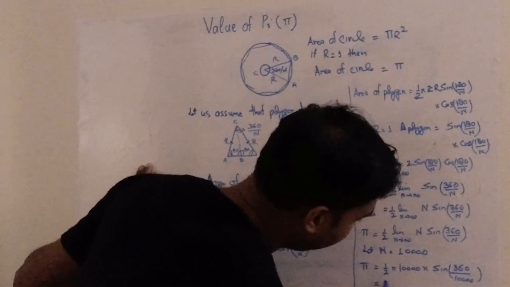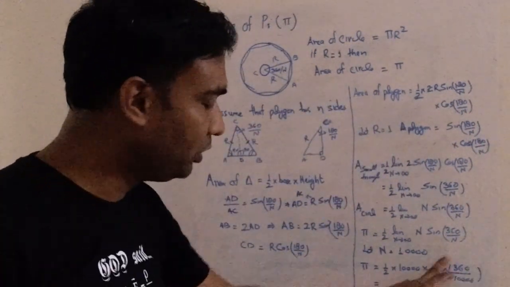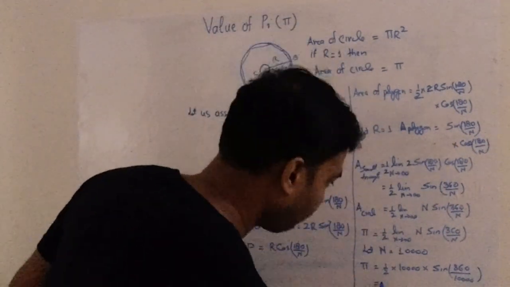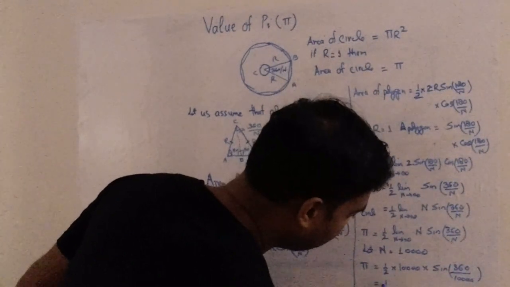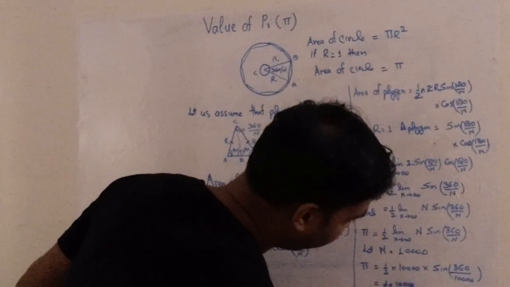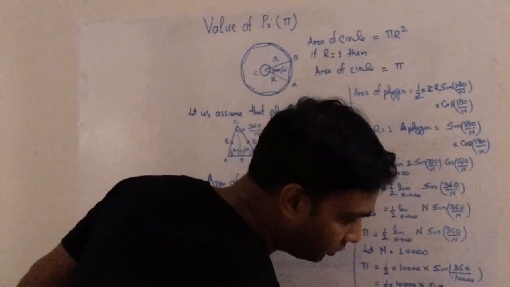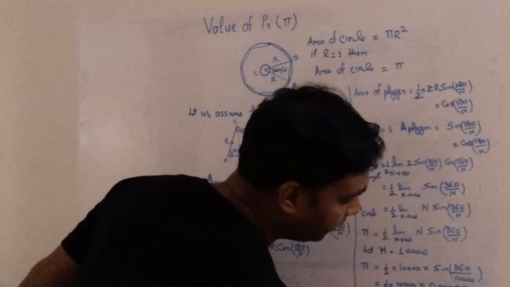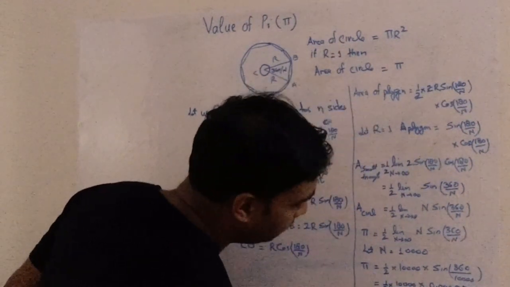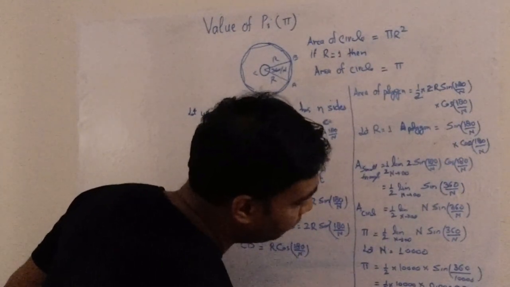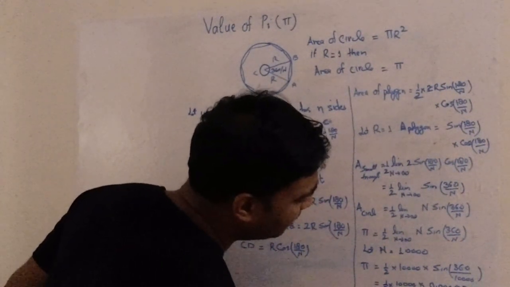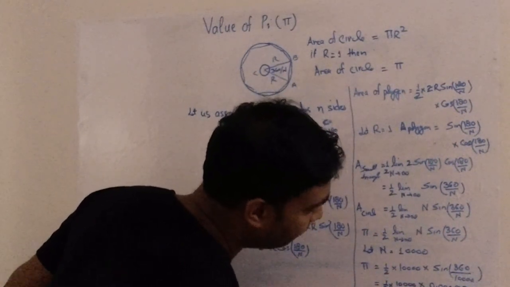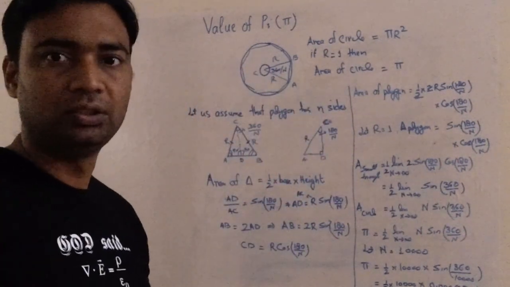If you calculate it, you will find that the value of this is 0.00628, or 0.0006283 and so on. So ultimately you will find the value will be 3.1416 and something like this. So you see that we can calculate this value by this method.